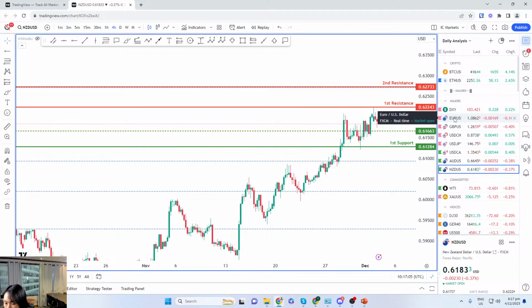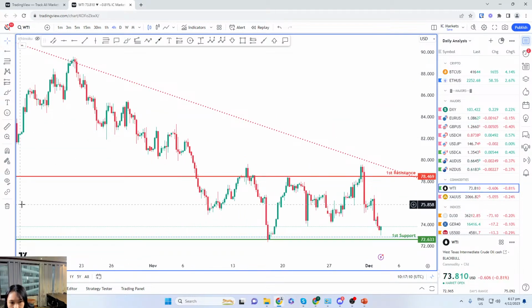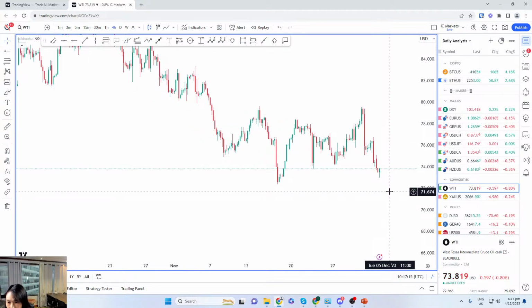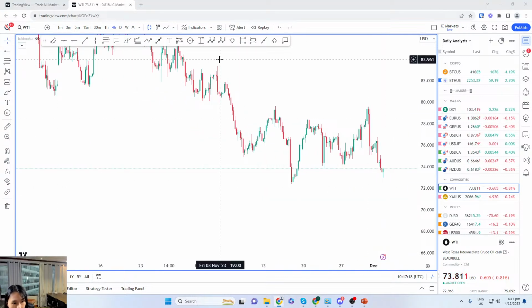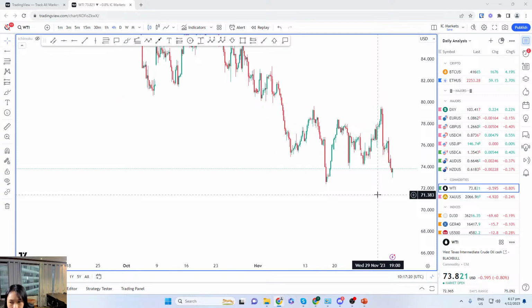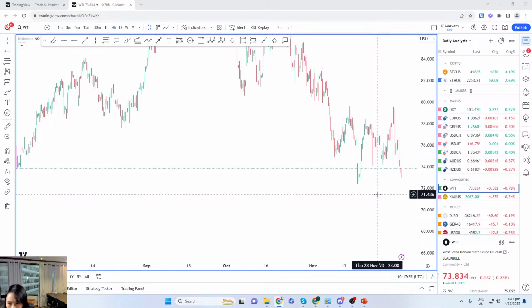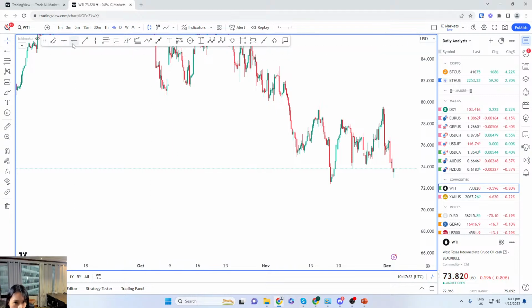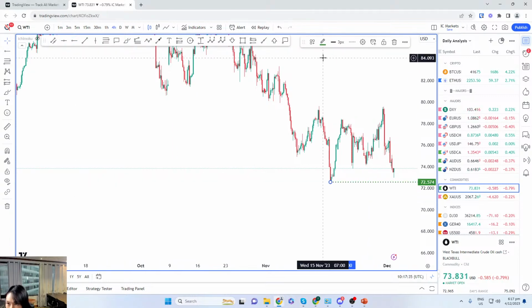Okay, look at oil. This will be my first support.